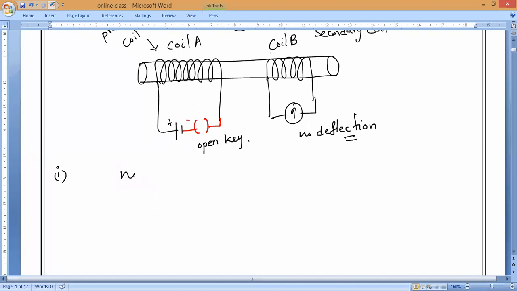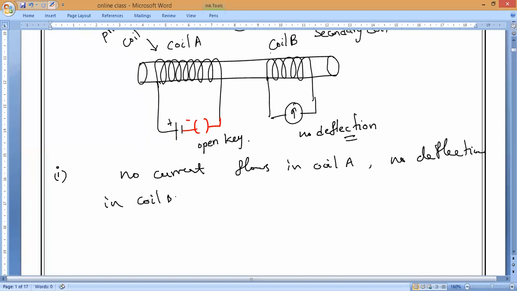That is the first observation: no current flows in coil A, so there is no deflection in the coil B galvanometer.